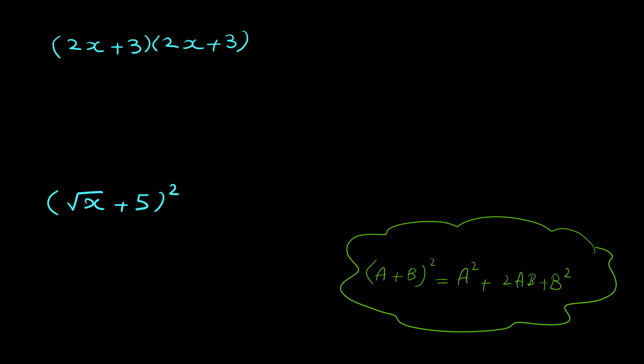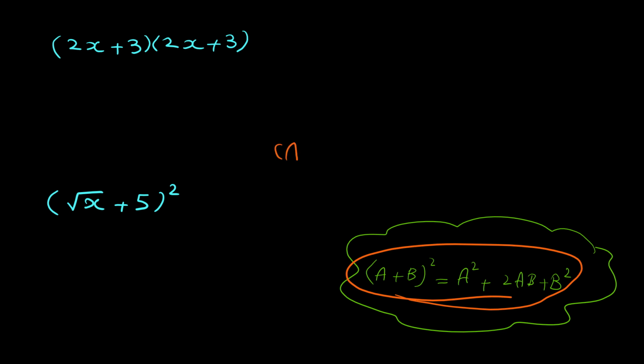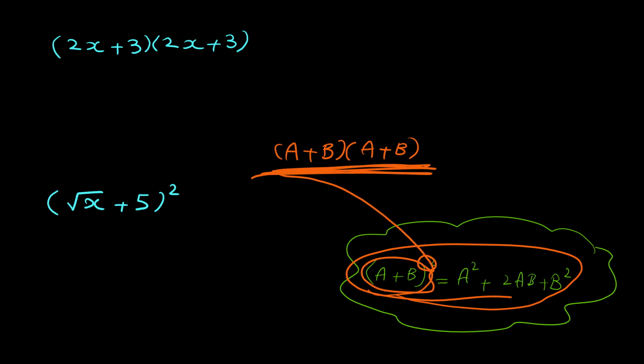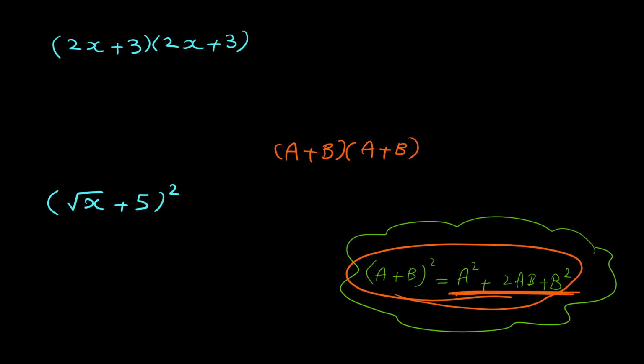And if you wonder where this identity comes from, it's very simple. If you multiply a plus b by a plus b, attention, a plus b to the 2 is what? It's basically a plus b times a plus b. This is the meaning of power 2. If you multiply these two brackets by each other, you will see that the answer is exactly this.